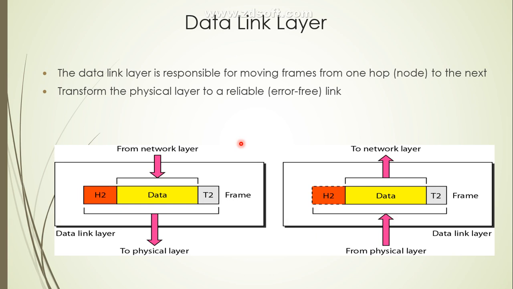As shown on the screen, this is the position of the data link layer. As we know, the data link layer adds a header and a trailer to the packets coming from the network layer, and this encapsulated data we call a frame.